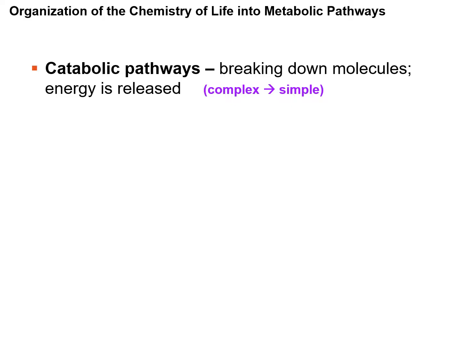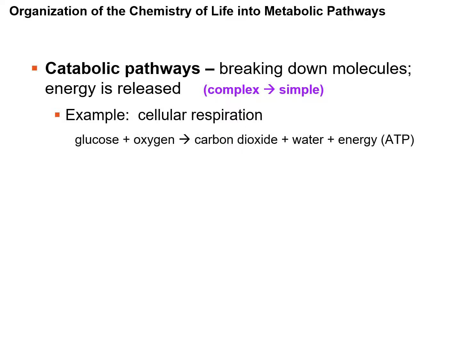It may be helpful to know that the prefix cata means down, as in the breaking down of materials. A major catabolic pathway is cellular respiration, in which glucose is broken down in the presence of oxygen to carbon dioxide and water, enabling the energy stored in glucose to become available to do cellular work.